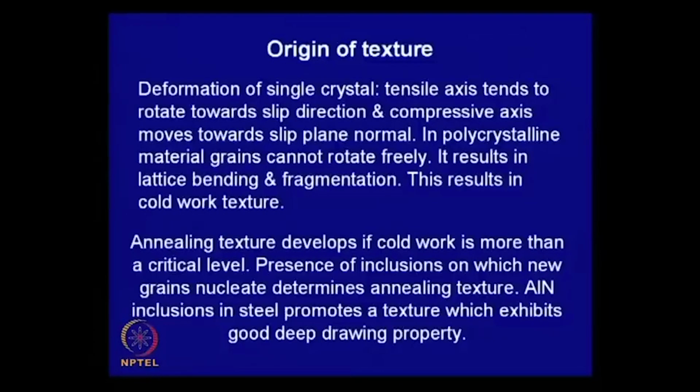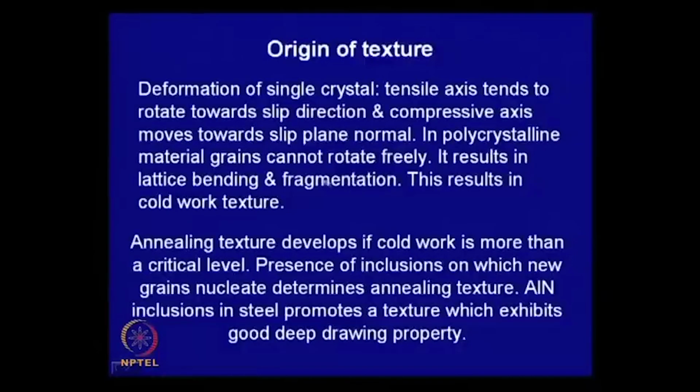Now, deformation. As we have seen earlier, the tensile axis tends to rotate towards the slip direction, and the compressive axis also moves. That means the slip plane normal tends to move to the compressive axis.